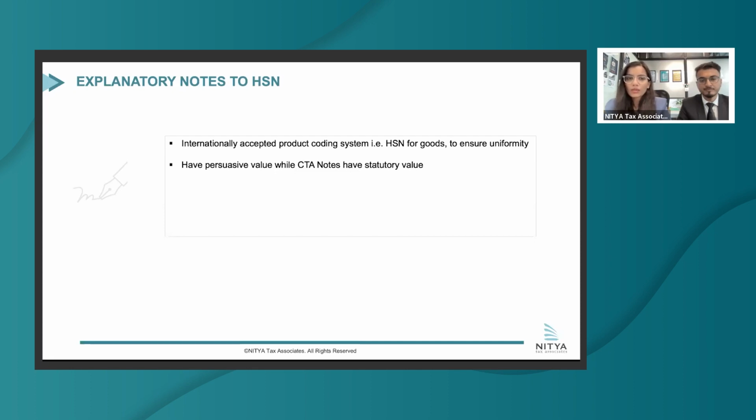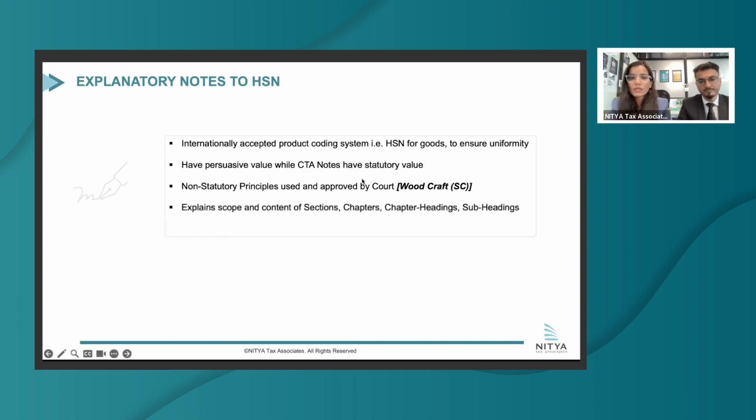So this is a globally adopted product coding system, and there have been multiple judgments which say that though they are not statutory principles, they are approved by the courts and held to be of persuasive value, and can definitely be used to understand the intent and scope of a chapter, section, or subheading. So, to sum up, explanatory notes are not part of law per se.